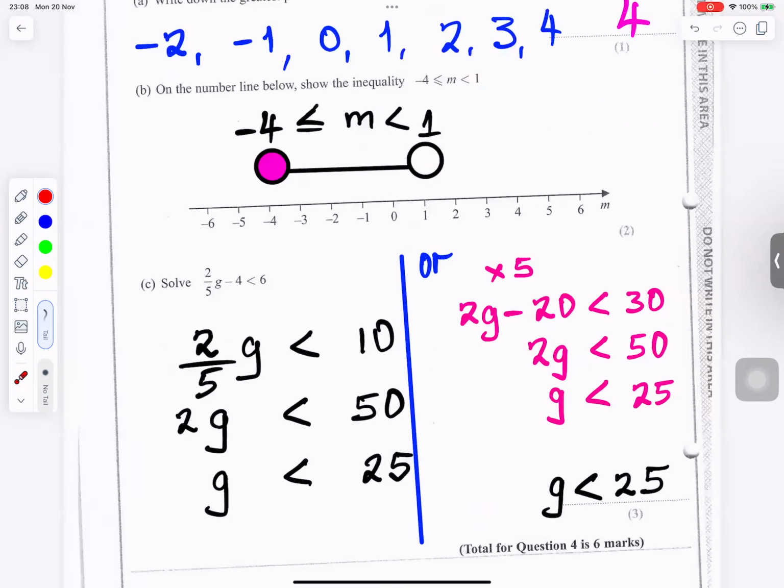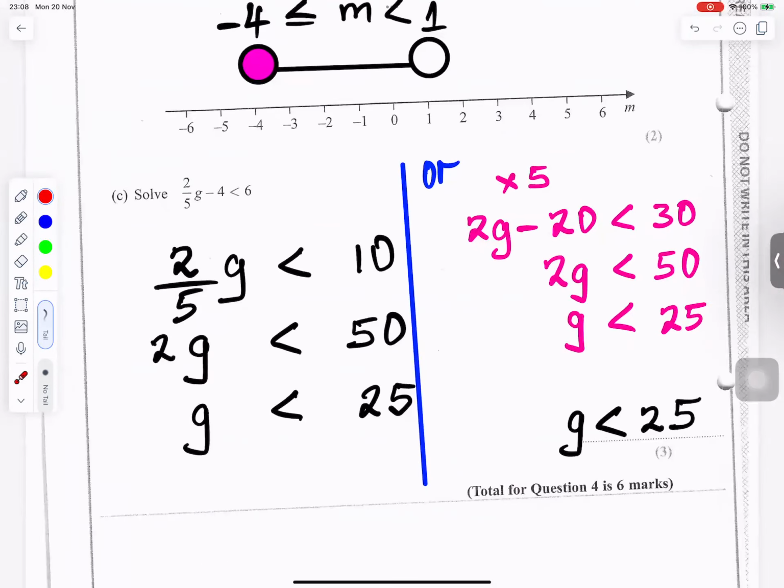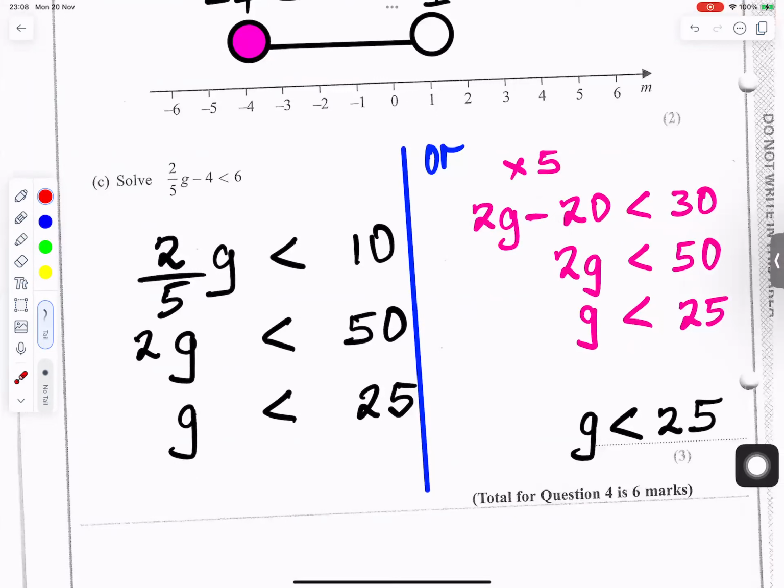Part C, to solve it, there's one way. You take -4 to the right, it becomes 6 plus 4 is 10. Divide by 5 goes to the right, it becomes times 5 is 50. Times 2 goes to the right, it becomes divide by 2. 50 divided by 2 is 25. Another way to do it, multiply each one by 5.